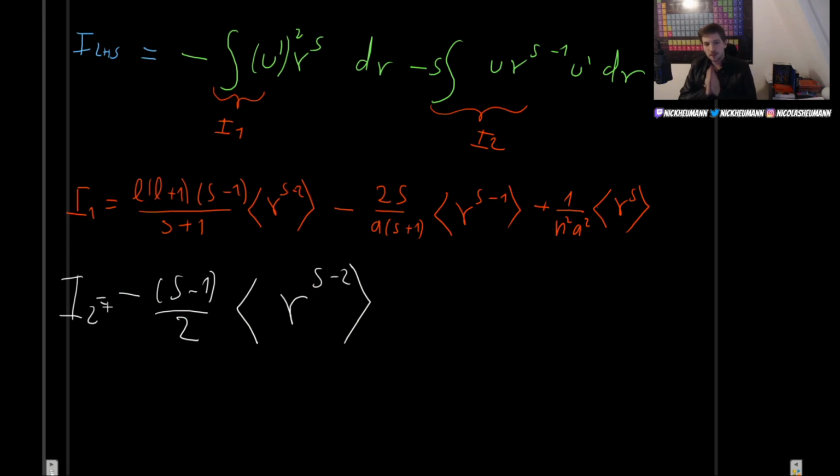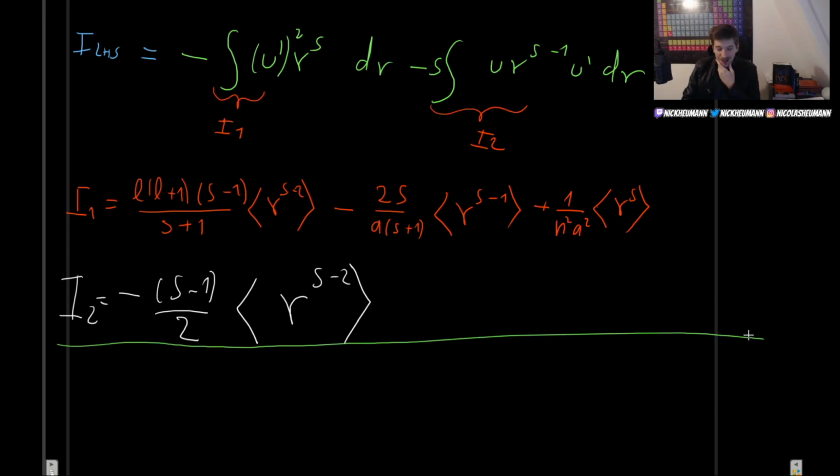All right, so let's plug I1 and I2 into our ILHS, the left-hand side. Okay, so let's take a breather and let's go for it. So the integral, or what we called ILHS, is minus I1. So minus this beast. Actually, maybe I'm going to try to write it down a bit more compactly.